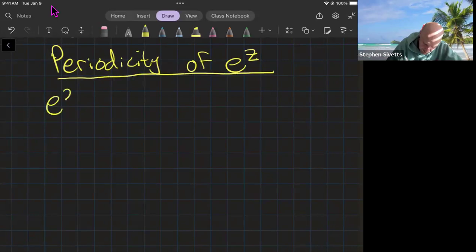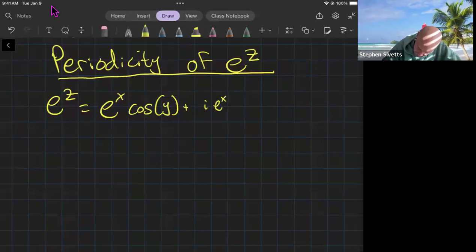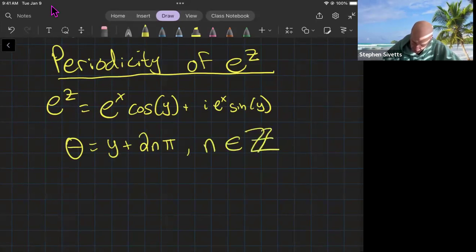So we know that e to the z is e to the x cosine y plus i times e to the x sine y, right? Okay. And we know that theta is equal to y plus 2n pi, right? n is some integer, okay?